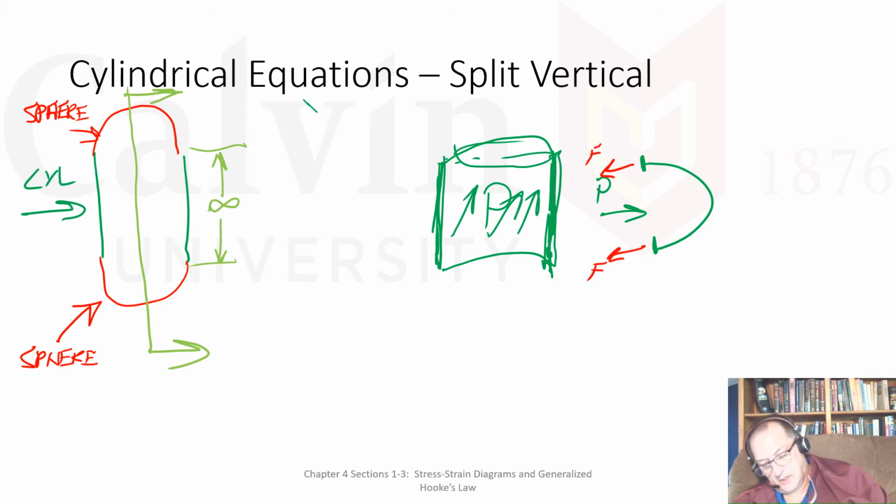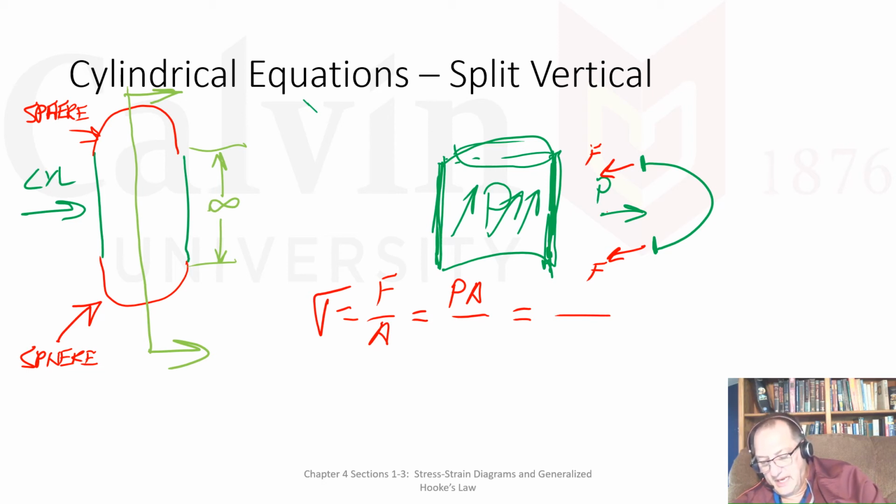So my stress is equal to a force over an area. This force has to be equal to the pressure times an area. And what's the area of this? Well, the area is the diameter, or I'm going to call it 2 times the radius.